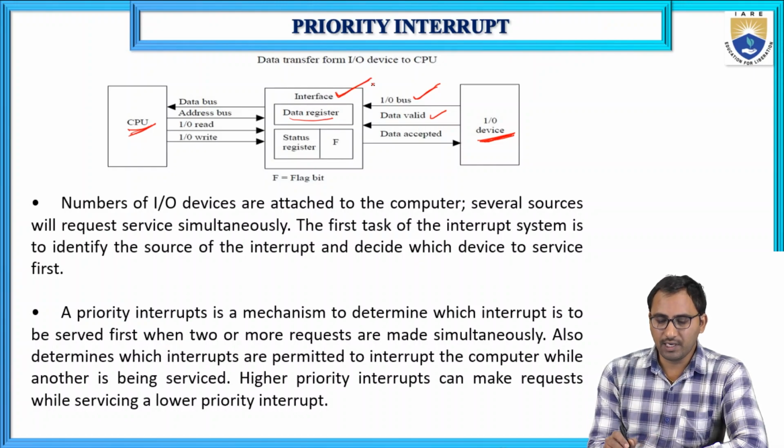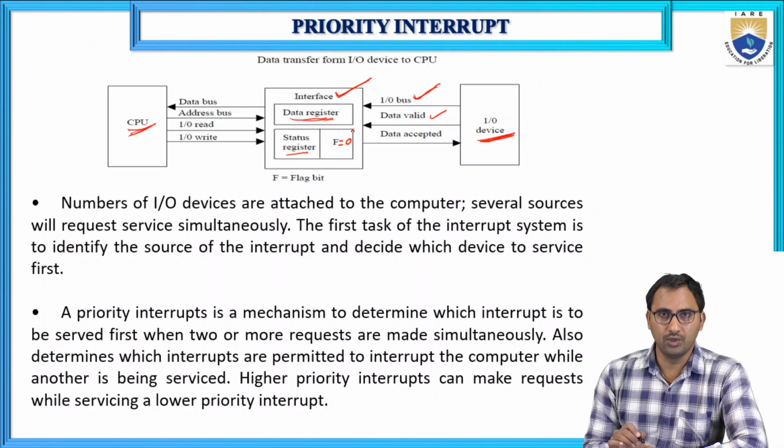The interface mainly consists of two types of registers: one is the data register and another is the status register. The data placed on the I/O bus will be stored in the data register. Initially the flag bit is set to logic 0.